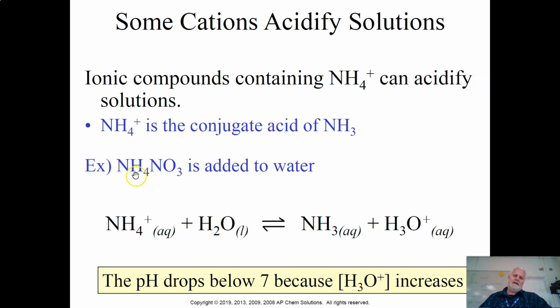So here's something that you're like, yeah, that's NH4. You could consider that being a conjugate acid, and that's how it's acting right here, actually.